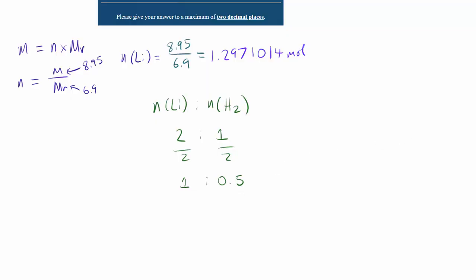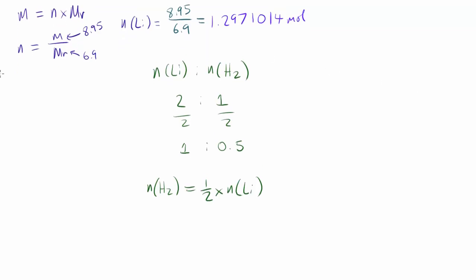The implication is that the moles of H2 is equal to 1/2 multiplied by the number of moles of lithium. As far as the numbers we actually have, we can use the number we just worked out to work out the moles of H2.